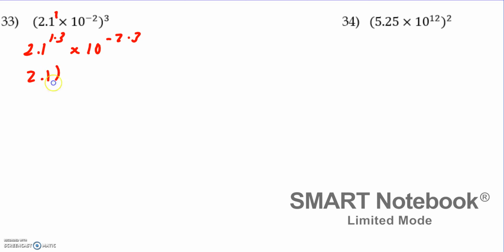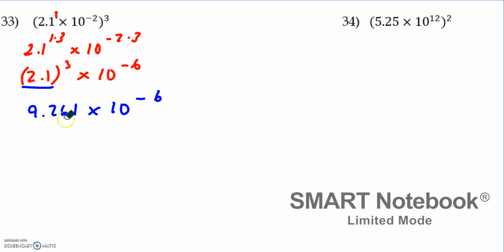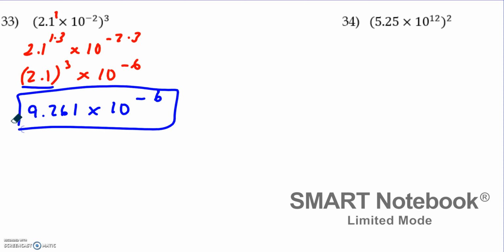That's really 2.1 to the third times 10 to the negative 6th. If I use my calculator and I plug in 2.1 times 2.1 times 2.1, I get 9.261 times 10 to the negative 6th power. Lucky for us, 9.261 is between 1 and 10, so my answer is in scientific notation.